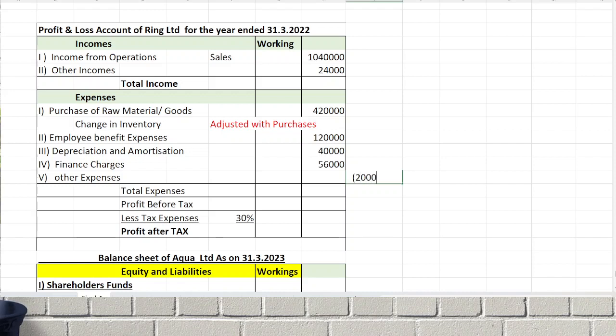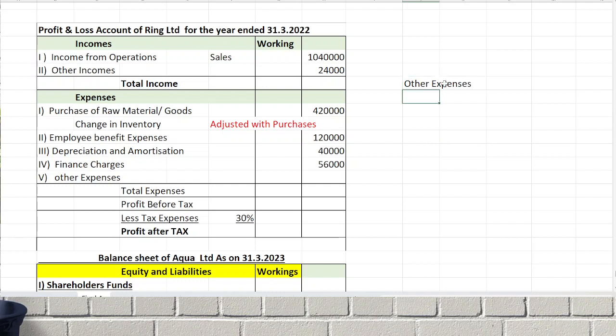Director's fees 20,000, rent 52,000, bad debts 12,000. Bad debts 12,000. Then, maybe I will put a working note, that's better.